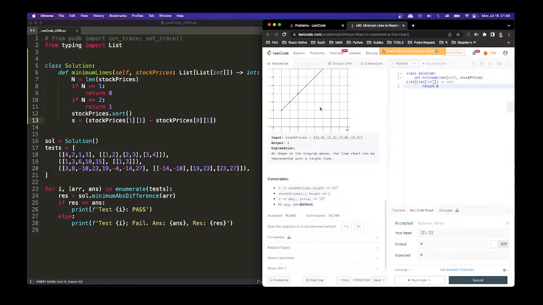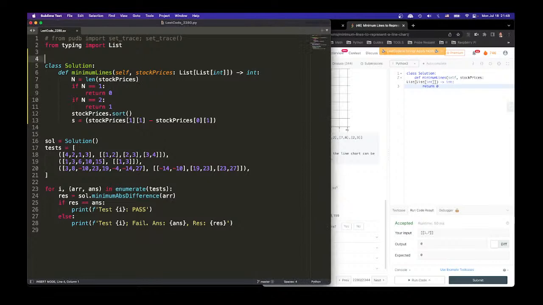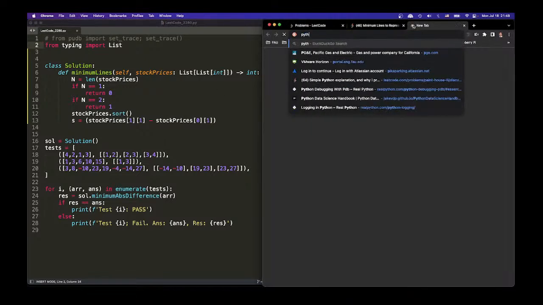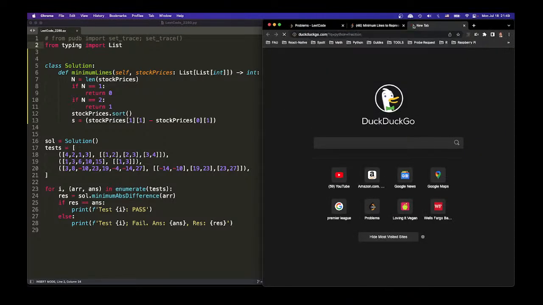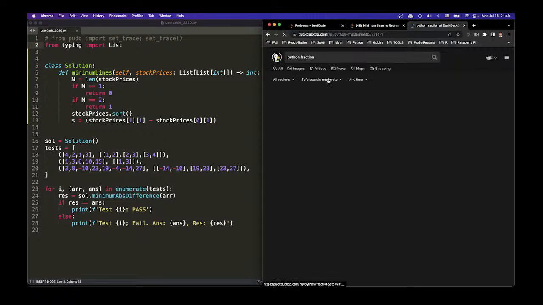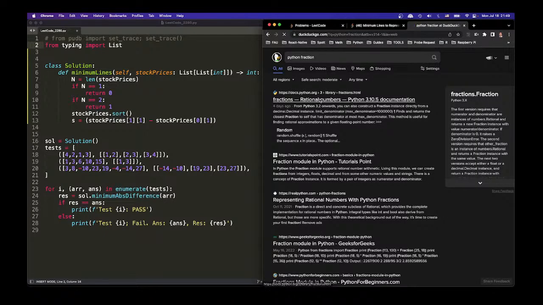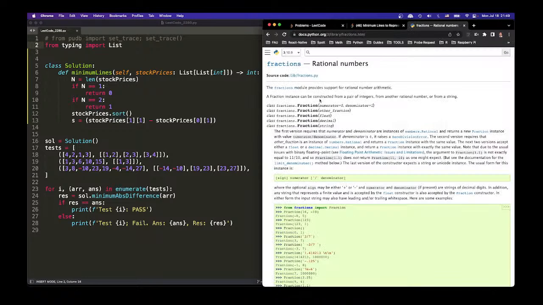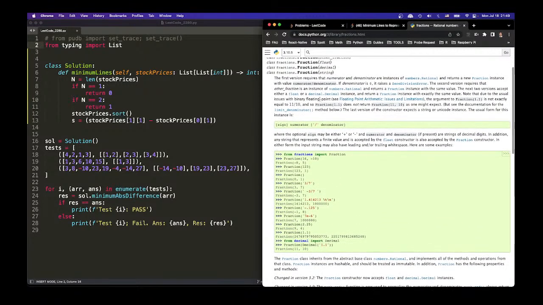I see what happens. Hold on, maybe we can use math dot isclose. I'm going to try math dot isclose and see if it works. If it doesn't work, we're going to have to GCD this thing. I'll probably use fraction. Let's use fraction, since we're in Python. I don't know how to use it, so I have to take a look. Fractions, rational numbers. So we'll say the fraction.